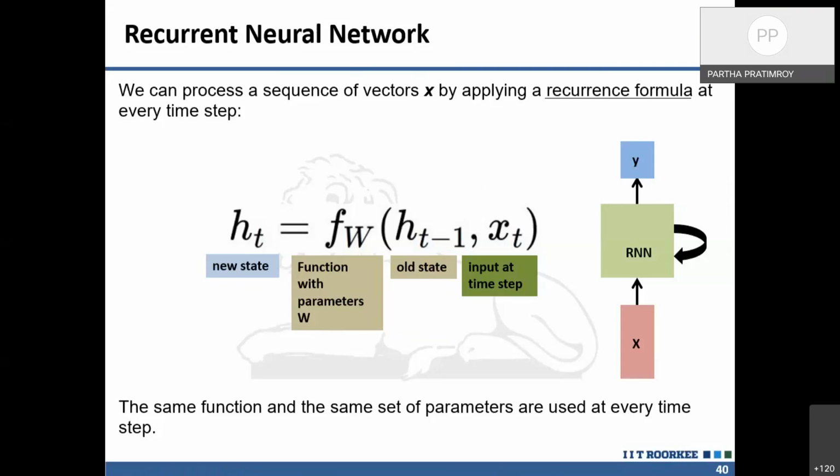Both are considered in this multilayer perceptron.